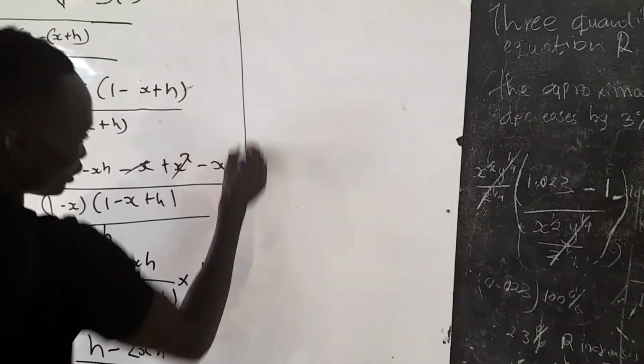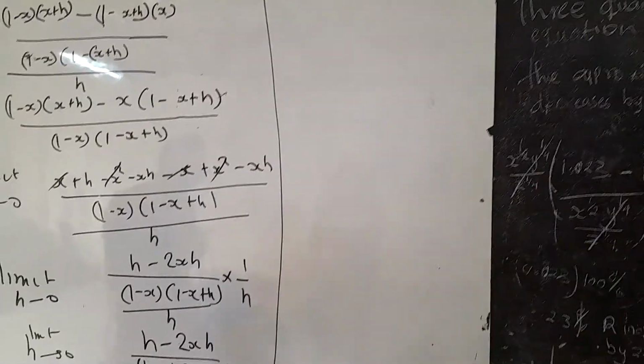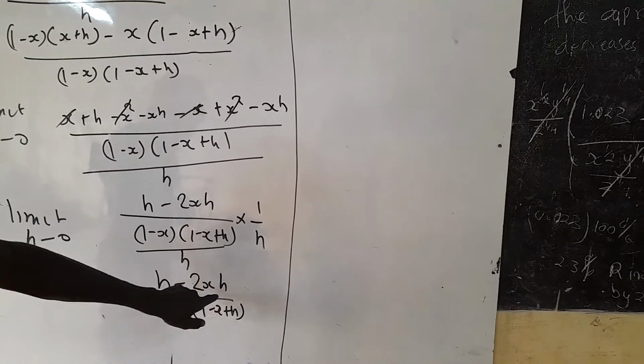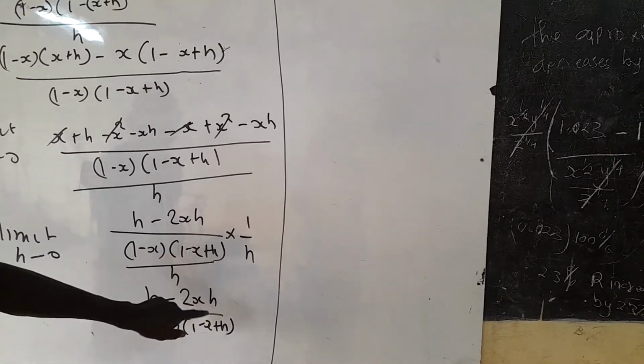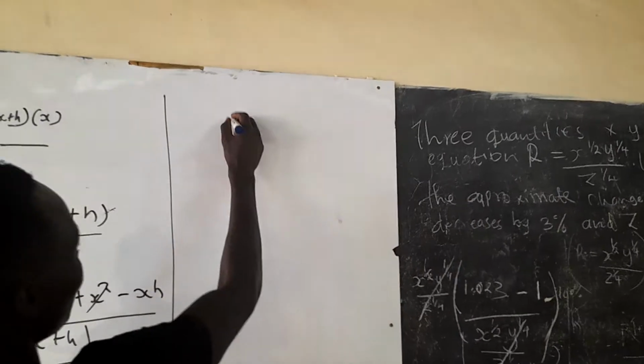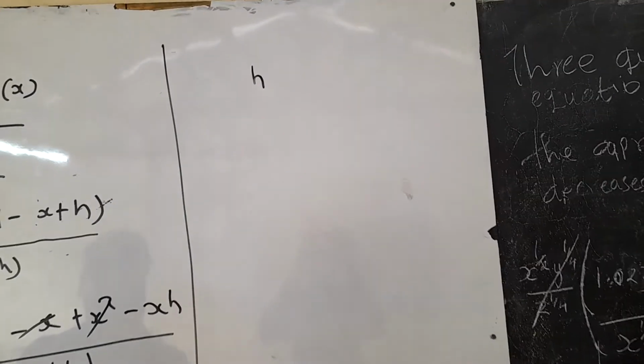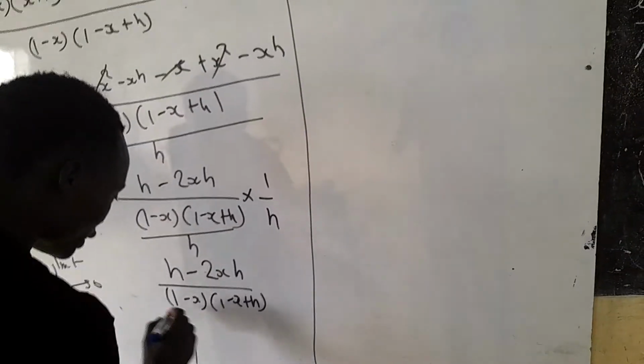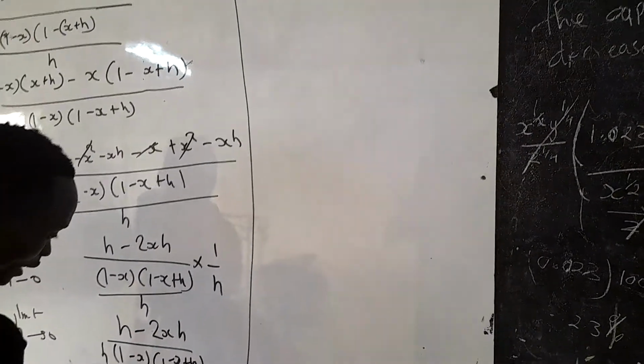Now I am going up here. When I look at this, I have h here, I also have h here. So what I can do is to factorize out h. And this, remember, we multiply, so this h is coming here.